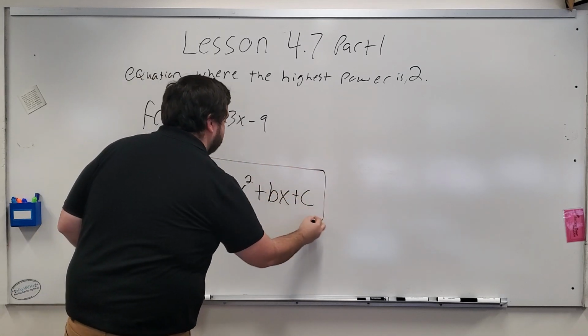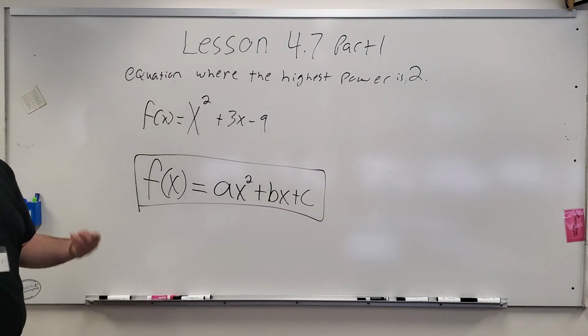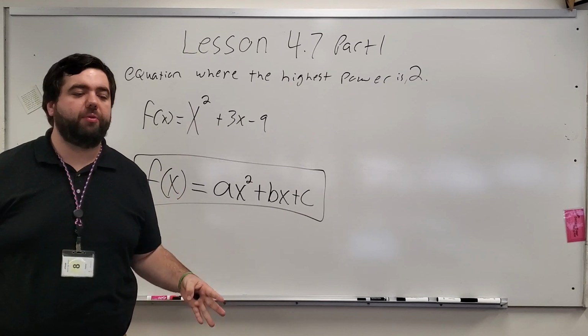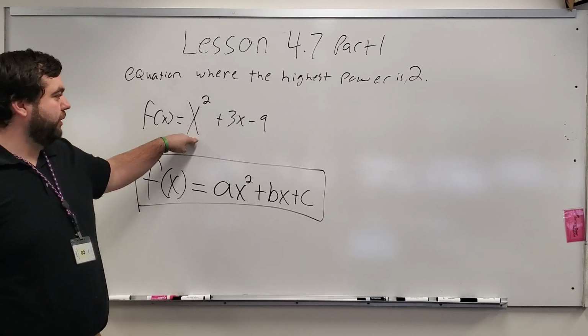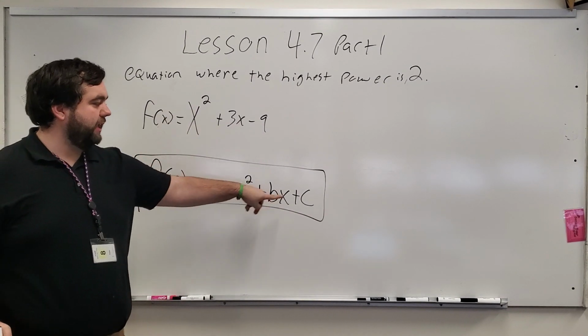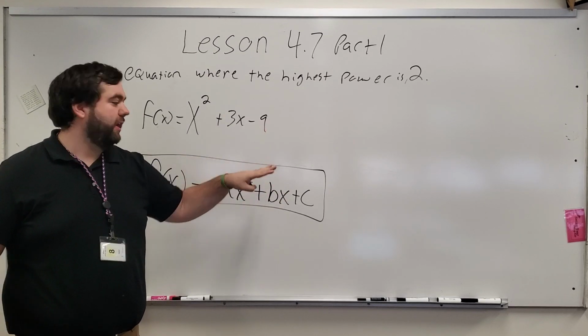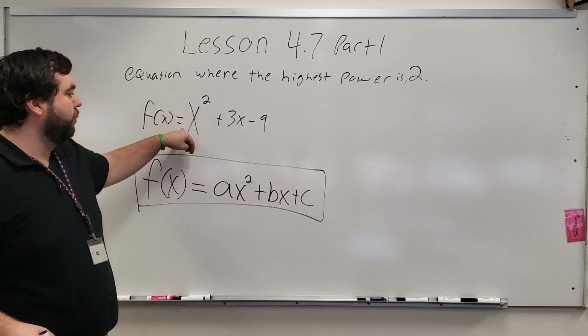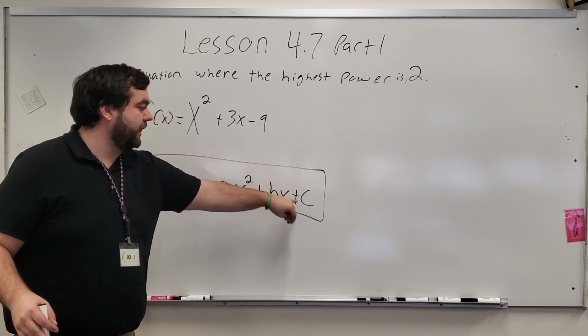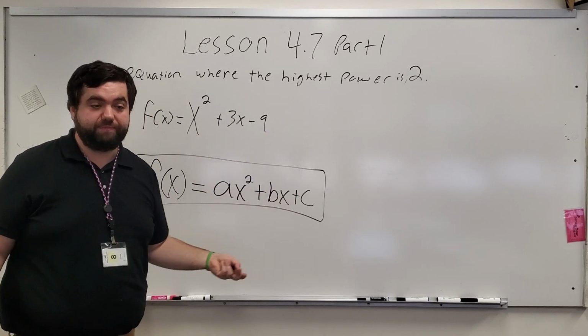This is our standard form, right? Because when we're doing something in standard form, we want all variables. This way, when I have a real problem, I can plug in the pieces that I don't know and solve. So my a here would be 1, my b would be 3, and my c would be negative 9.